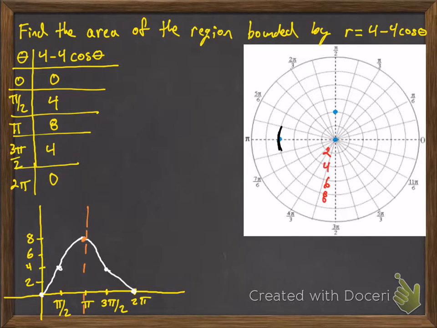And notice that we do have a horizontal tangent here, so I'm trying to illustrate that flatness. We're going to start at the pole, and we have the rest of the horizontal tangent here if we continue our cosine graph.